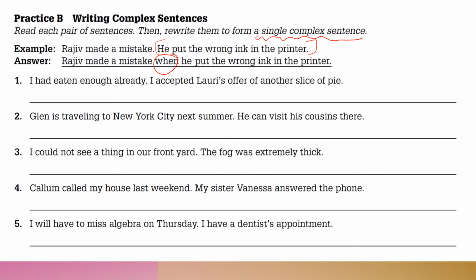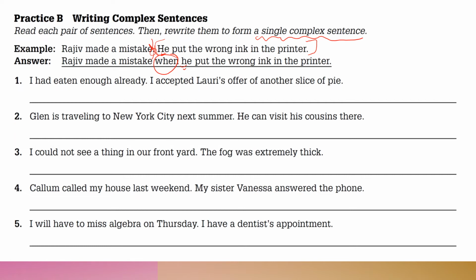So basically, I removed the period from here and I turned this capital H into a small one and I added when. Instead of the period, I removed it and added when. That's all I did. Okay, so this is not the only way, by the way, of doing it, but this is one possibility.